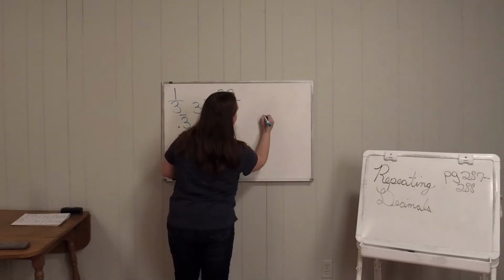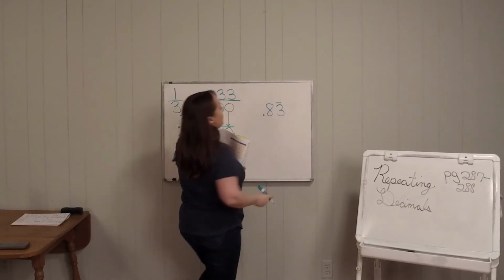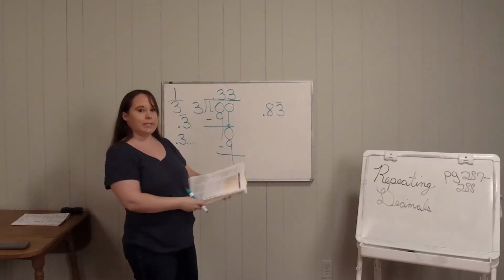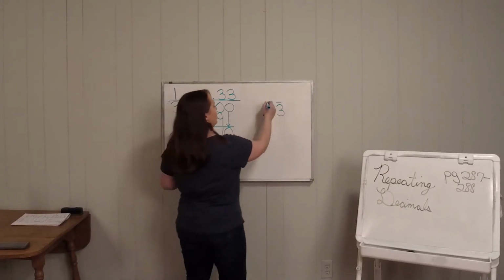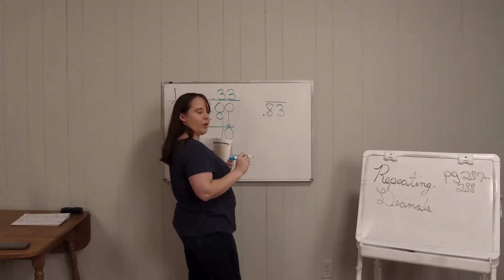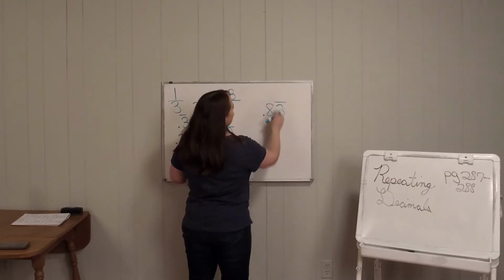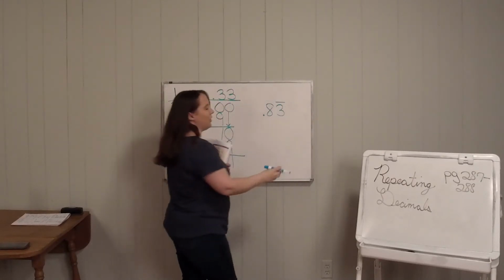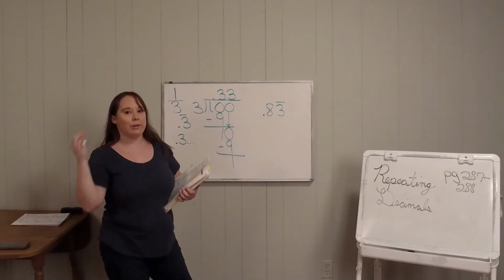So they write it like this, only the 3 repeats. Now, if the 8 and the 3 both repeated, then you would put one line over both. But it doesn't. It's just the 3. So the line only goes over the number that repeats.